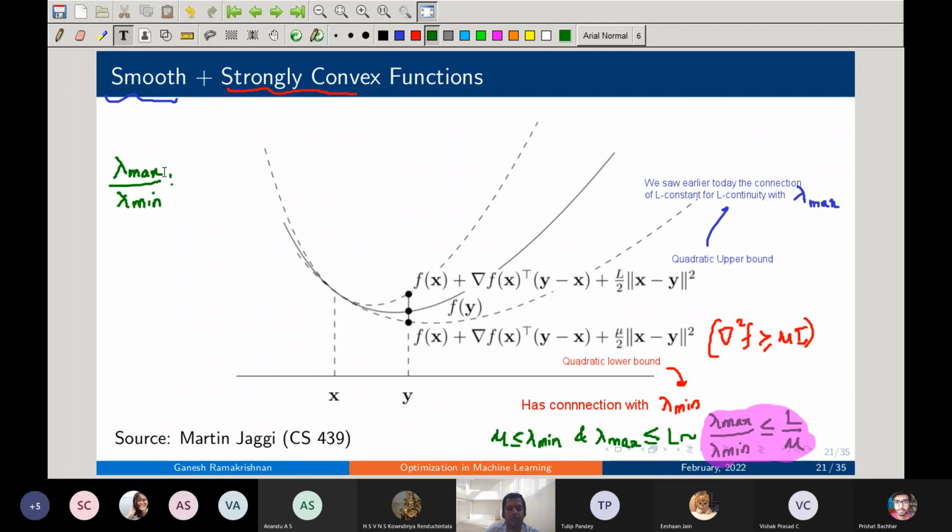So this is associated with the condition number of the matrix. Actually, it's associated with the condition number of the Hessian matrix. We didn't go that far, but a Hessian matrix of, say, logistic loss. Now, ill-conditioned matrices are basically when lambda max by lambda min is very high.